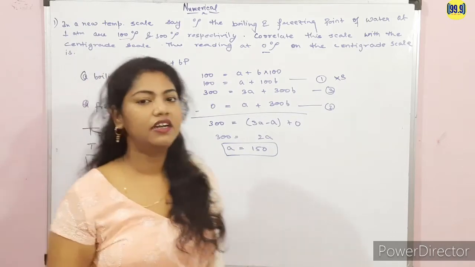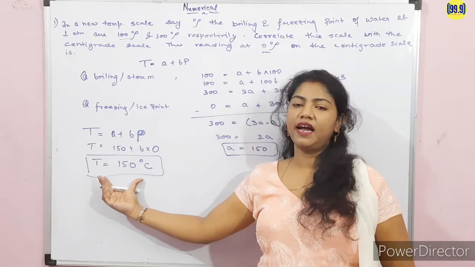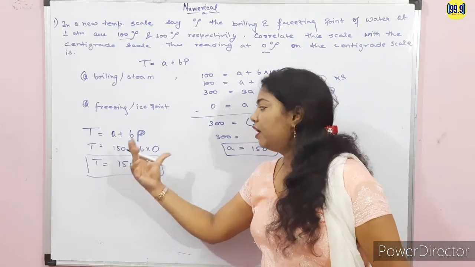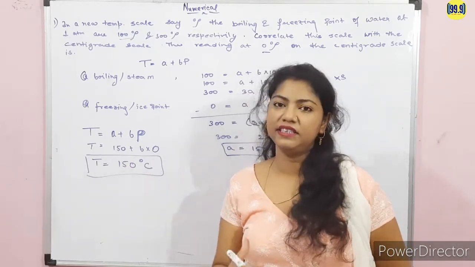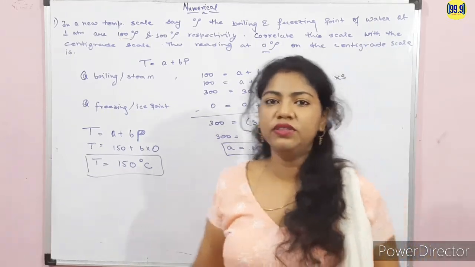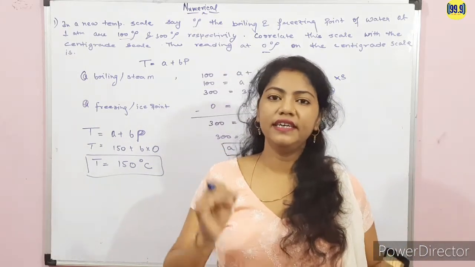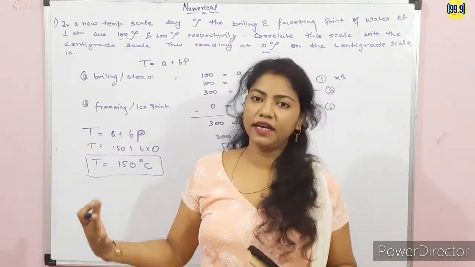So the answer on the new scale, if we compare it with the centigrade scale, will be T is equal to 150 degrees Celsius. You can see how simple that is. We simply put the value of the given data in the particular equation.